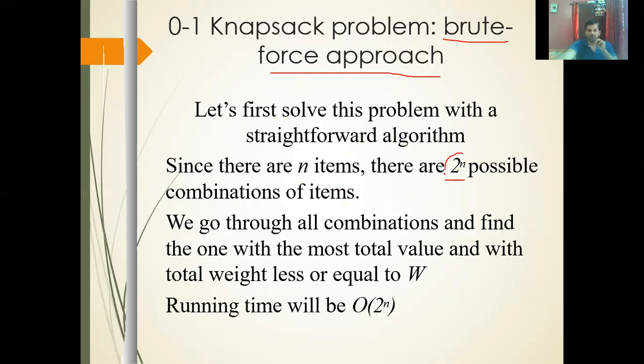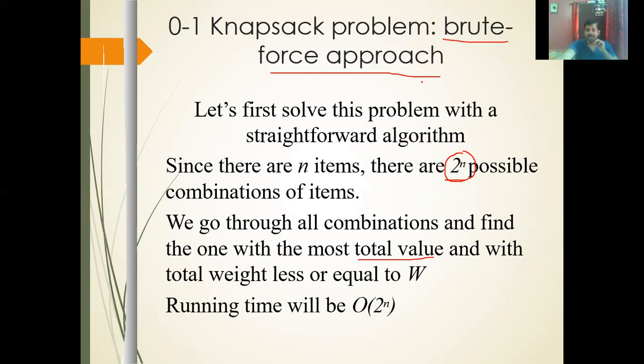So those combinations are obviously 2 to the power of n. For those 2 to the power of n combinations, estimate the total benefit value plus the total weight value.